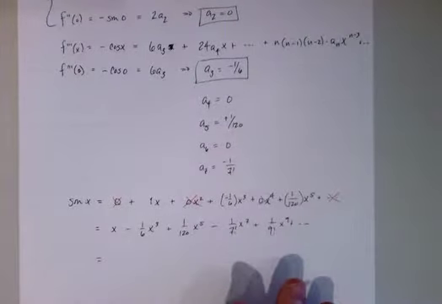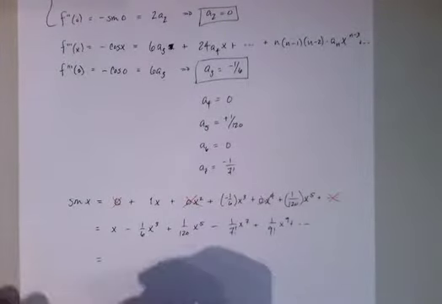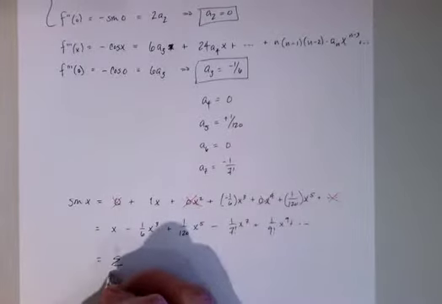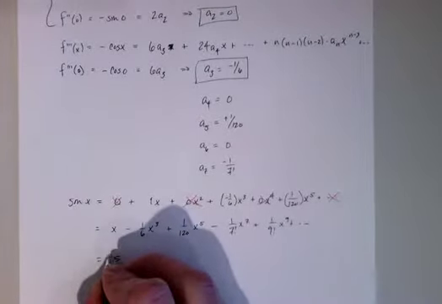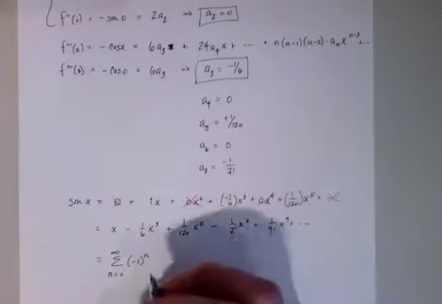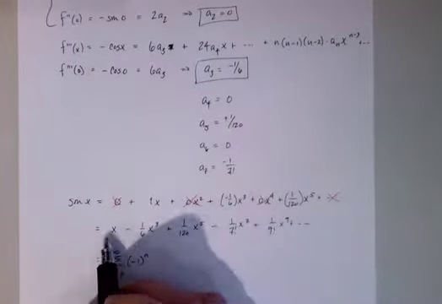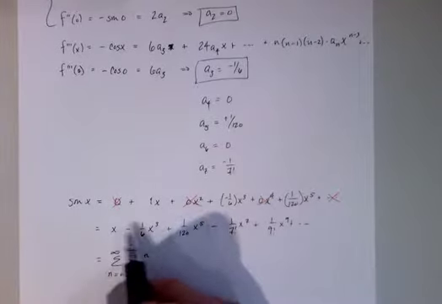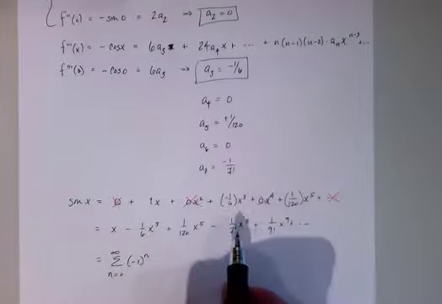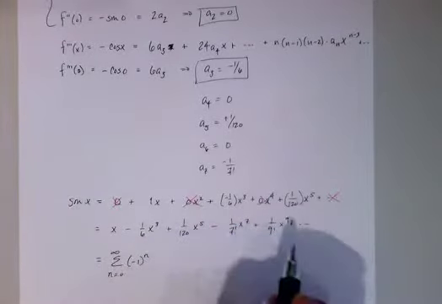And if it's a pattern, then I can actually list it out in sigma notation. And what I get here is sigma n equals 0 to infinity. It's an alternating series, so it's negative 1 to the n. Now remember, each term is to the first power, third power, fifth power, so you have to jump up by 2 degrees each term.